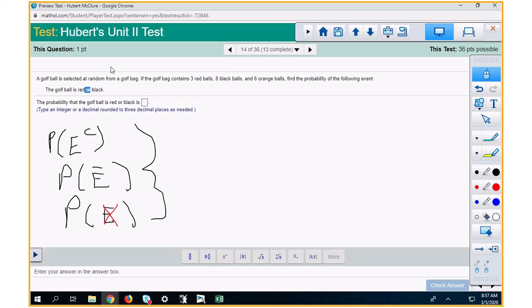Oh, it's just one. So it's either going to be red, which is 3 over 17, plus 8 over 17.